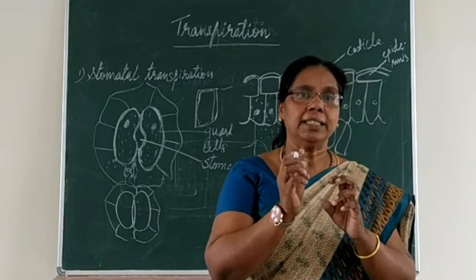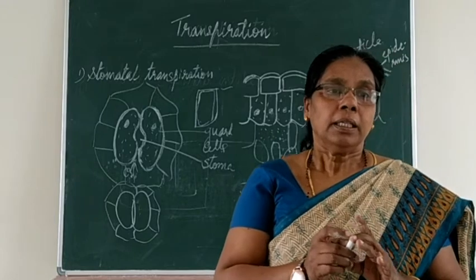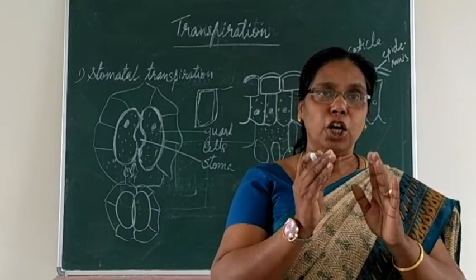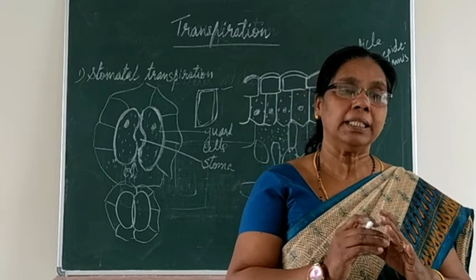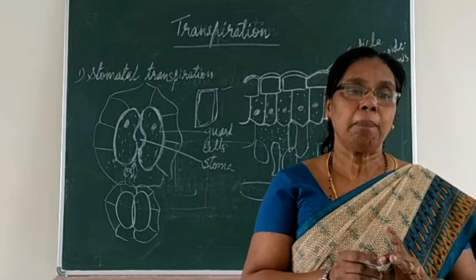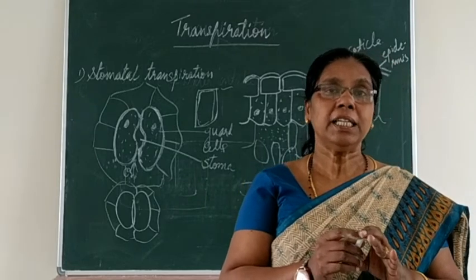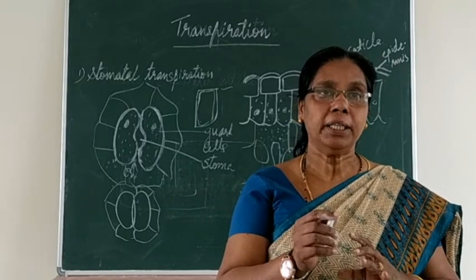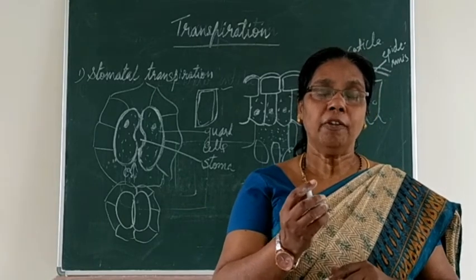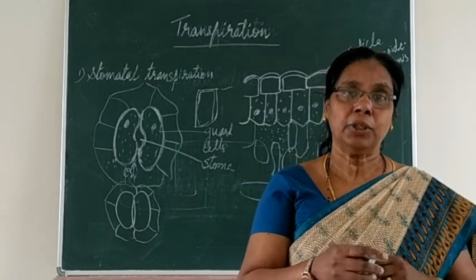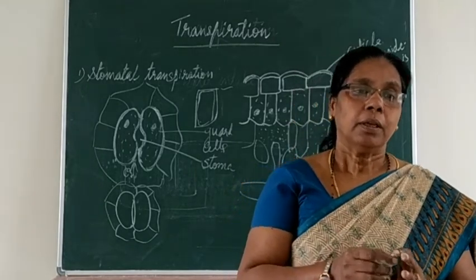So the plant cell loses turgidity. So transpiration stops when the water reaching the leaves becomes less. And leaves of some plants wilt during midday and recover in the evening. In the evening, the loss of water becomes very less, and thus it recovers its turgidity.